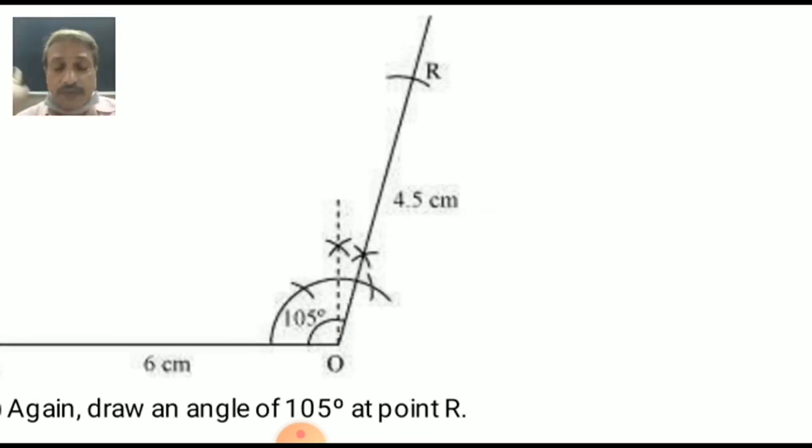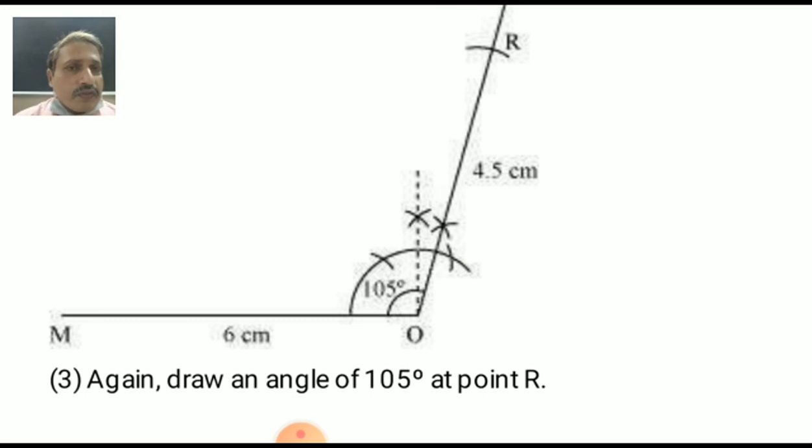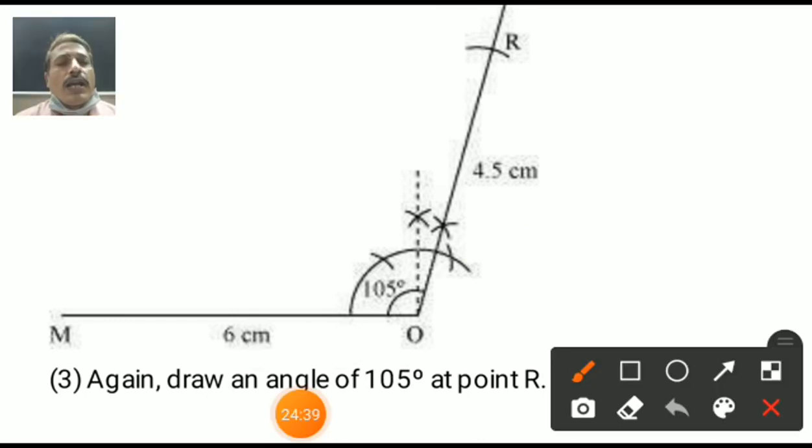We already discussed how to draw an angle of 60 degrees, 30, 90, 15, 45, 75, 105, 120 degrees. Here you can find out MO is 6 cm, you can draw. Now from the point O, I am going to show you how to draw an angle of 105 without the help of a protractor.